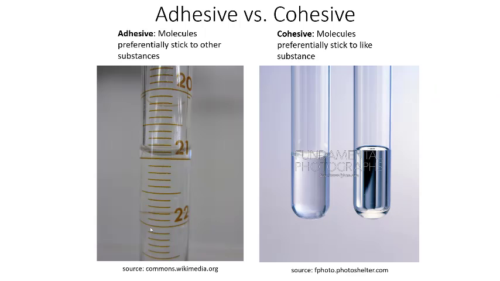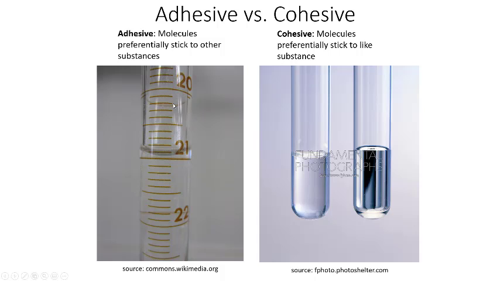So let's take a look at adhesive versus cohesive properties. Adhesive properties are defined as molecules preferentially sticking to other substances, whereas cohesive properties are where molecules preferentially stick to like substances or to itself. Examples of adhesive and cohesive properties are shown here on this figure.